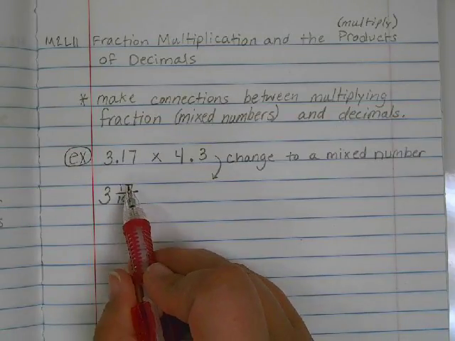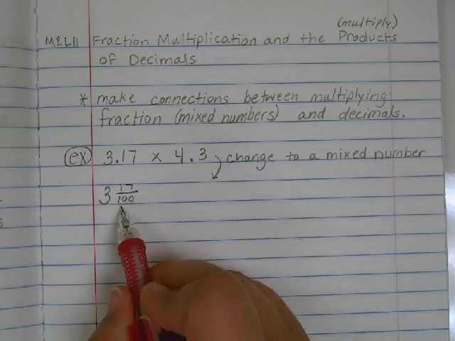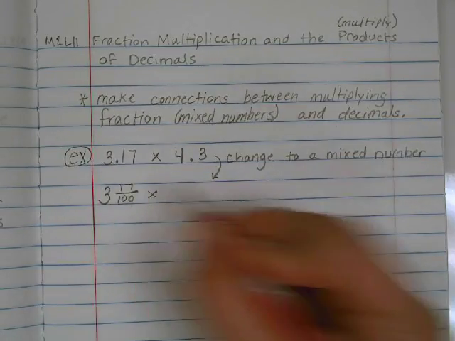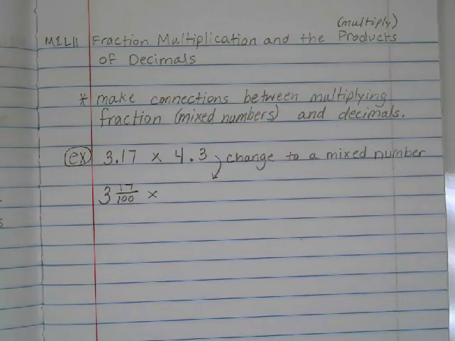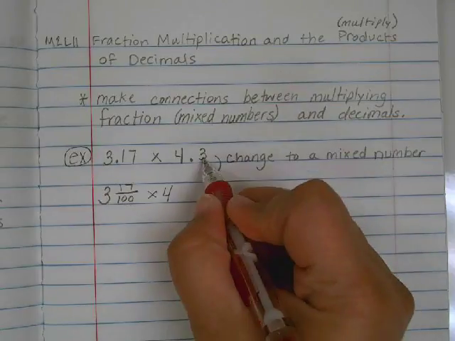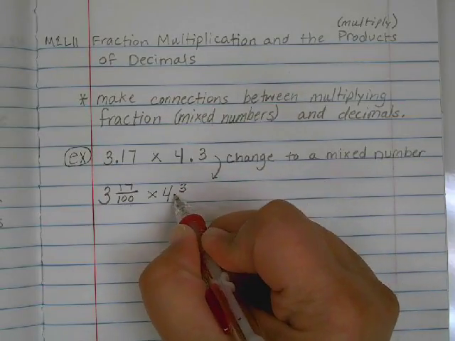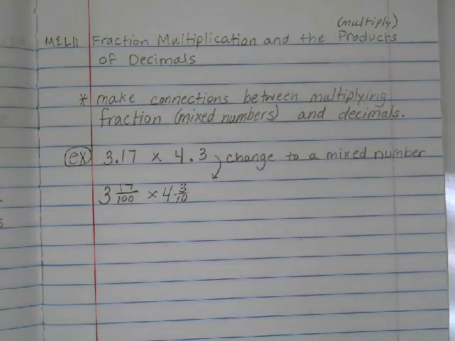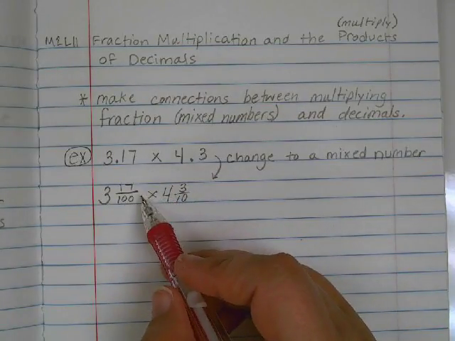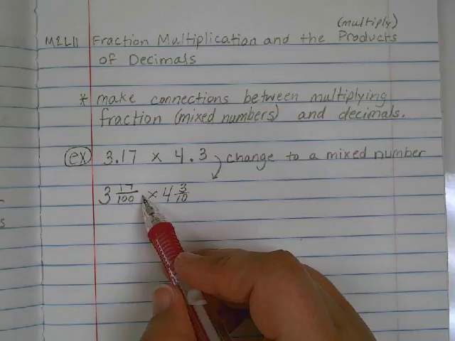Because there's two numbers behind the decimal point, I'm going to make it 100. Then I'll put in my multiplication symbol. This 4 is a whole number, and then we have 3/10, so I put that over 10. You can see that the same way that I read the number as a decimal, I can still write it that same way as a fraction.